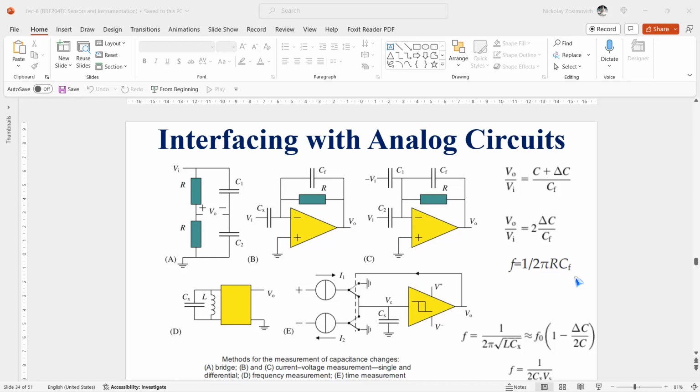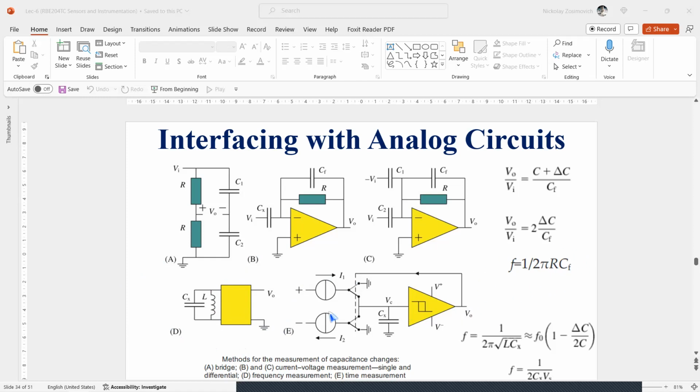A simple, though rather inaccurate method for measuring capacitance changes is the conversion to frequency, shown on figure D, here on the bottom part, left side. The capacitance is part of an LC oscillator circuit that generates a periodic signal with a frequency, as we may see from this equation.